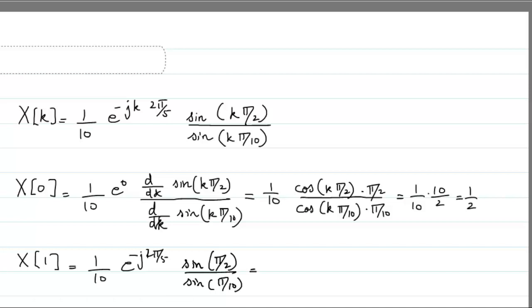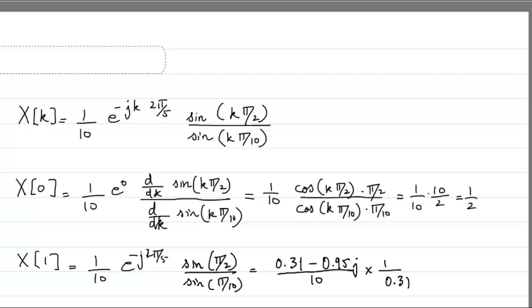So 1 by 10, the 10 I will write in the denominator. Now e raised to power minus j 2 pi by 5, I can write it as 0.31, and the imaginary value is going to be minus 0.95 j, divided by 10, because of that 10, and sine of pi by 2 is 1, so into 1 divided by sine pi by 10, which gives 0.31.